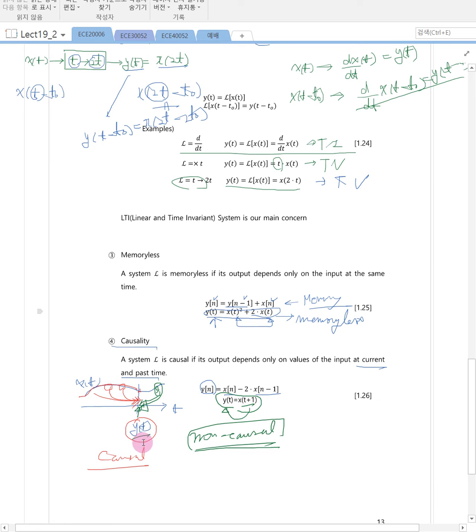A causal system means there should be a cause for the output to come out. But in a non-causal system, future data somehow affects the current output, and this is called a non-causal filter. You can think of a non-causal filter as one that cannot be implemented in the usual way.